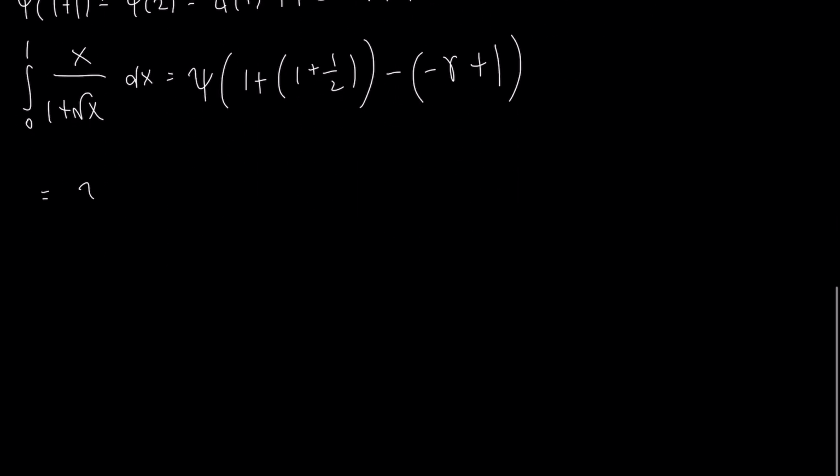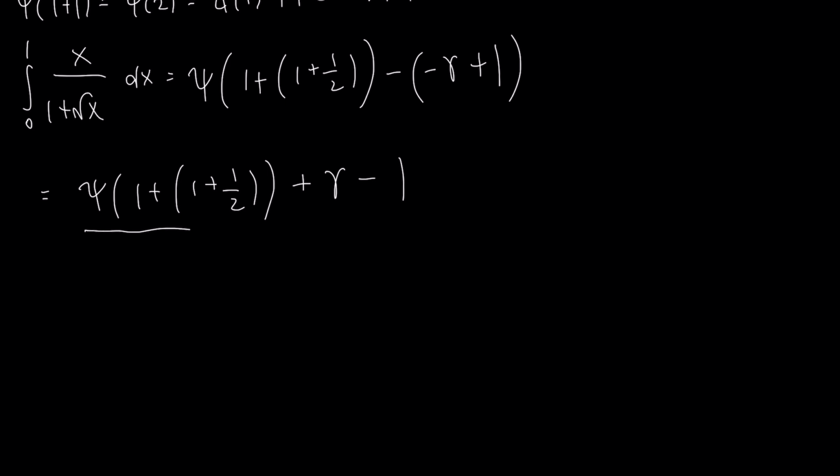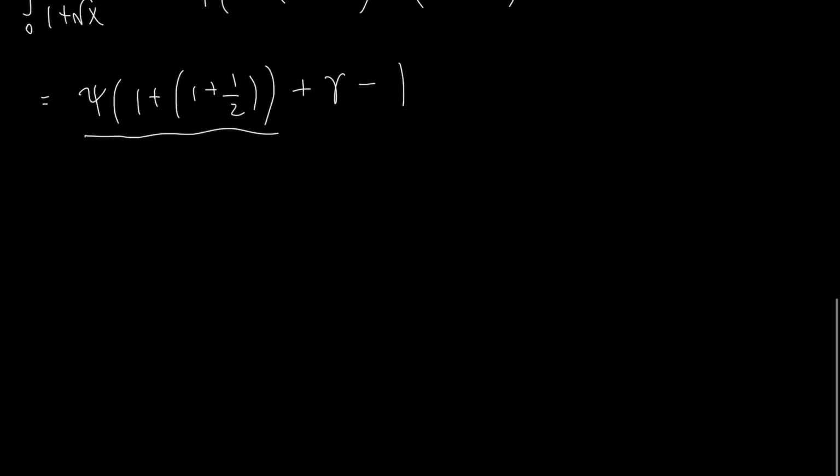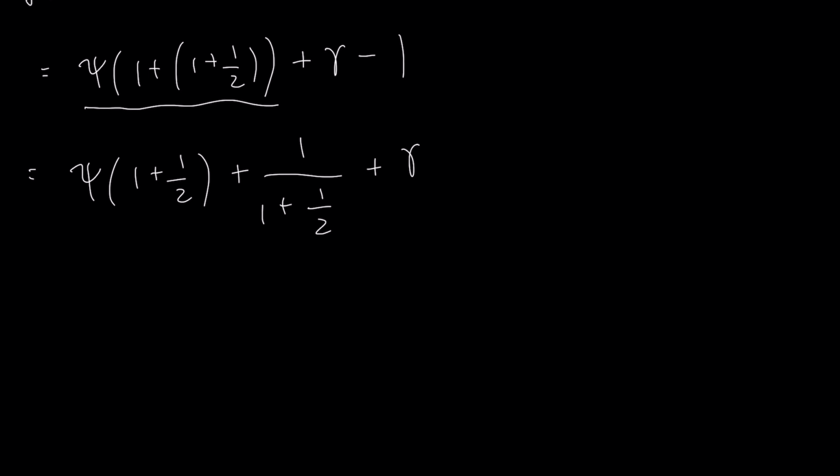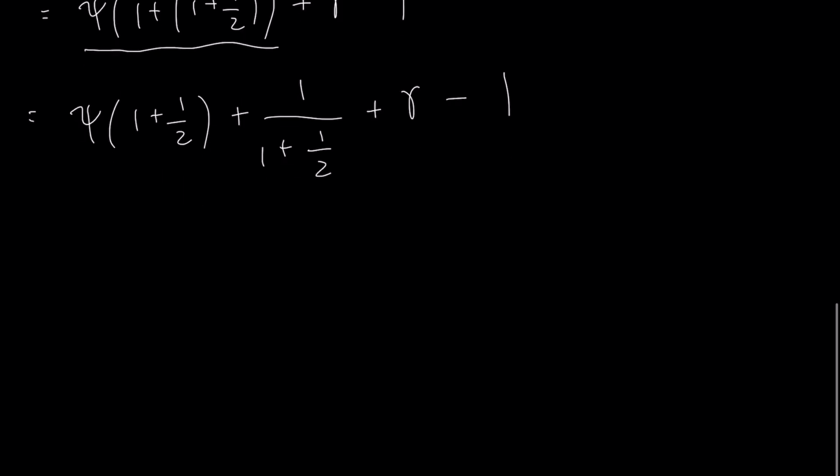And this will end up being digamma of 1 plus a half plus Euler's constant minus 1. And now we use the same recurrence relationship on this one. So we'll end up having digamma of 1 plus a half plus 1 over 1 plus a half plus Euler's constant minus 1.